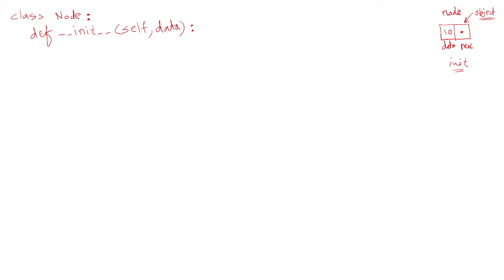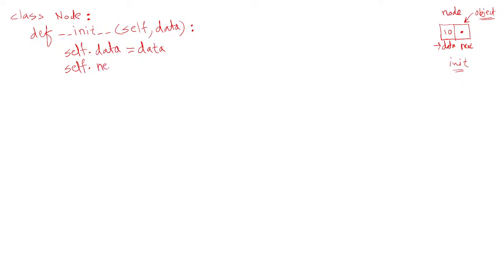When this init function is executed, it creates the node like this. Then we say self.data, a class variable called data. So self.data is equal to data. Then the next pointer: it creates this variable and assigns this value.